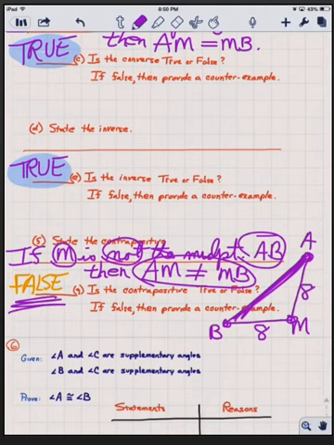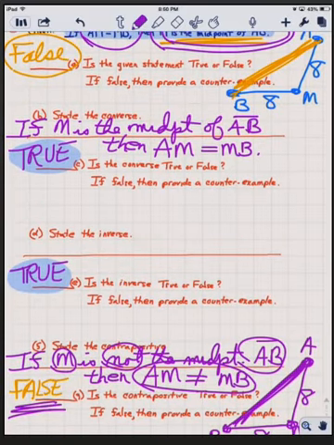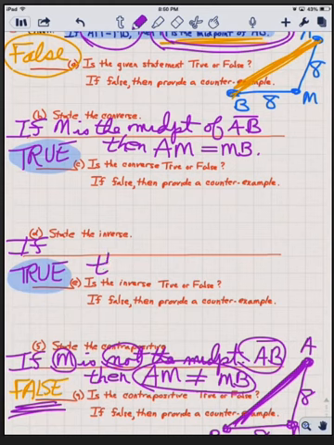And now that we've done that, I like to go back to stating the inverse, the only part left to this problem. And the inverse compared to the converse is the same as the original statement compared to the contrapositive. It is also an if-then statement. And the inverse is the contrapositive of the converse.